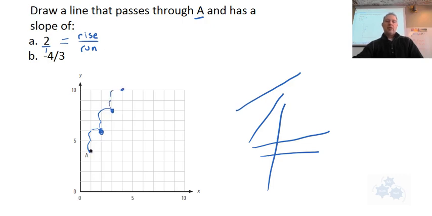And you can actually go down 2 and left 1. That's the same as +2, because a negative divided by a negative is a positive. So you can put points down here too. That's how you draw a line with the slope of 2 going through A.